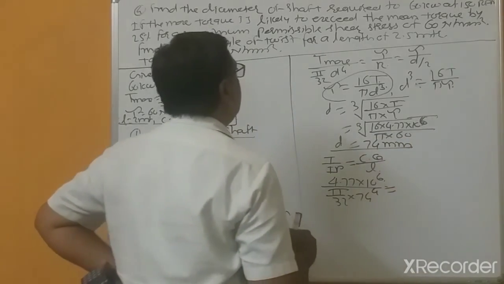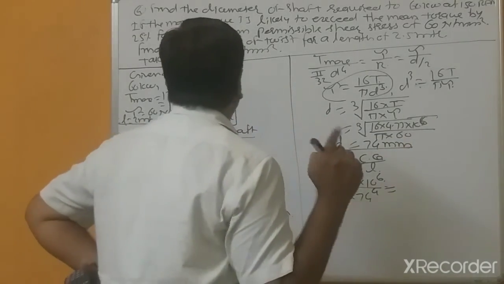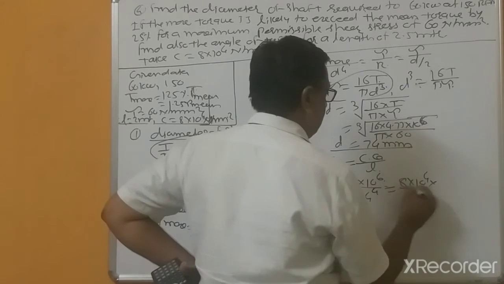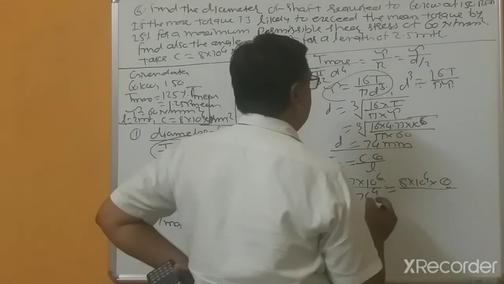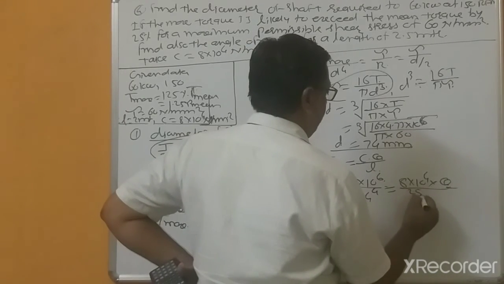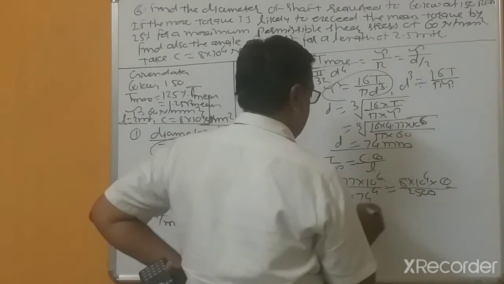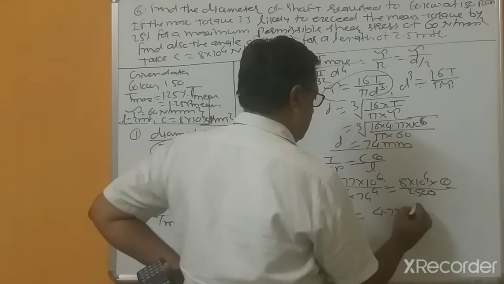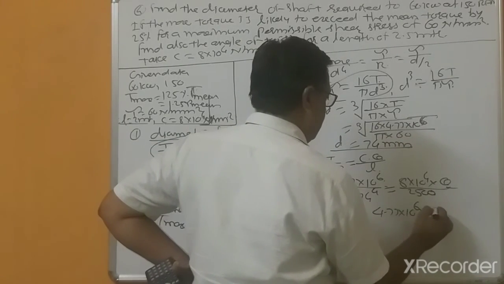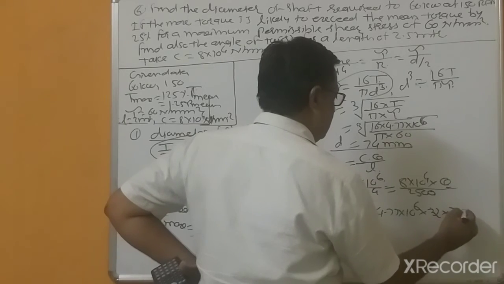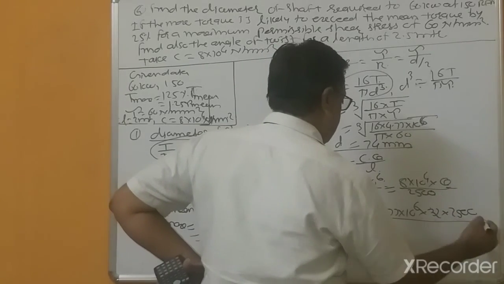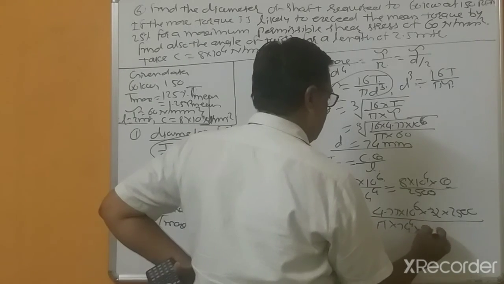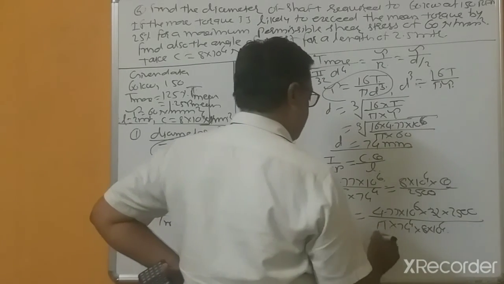C equal to, so we require C, 8 into 10 to the power 4, length equal to 2500. So theta equal to 4.77 into 10 to the power 6 multiplied by 32 multiplied by 2500 divided by pi, 74 raised to 4, 8 into 10 raised to 4.